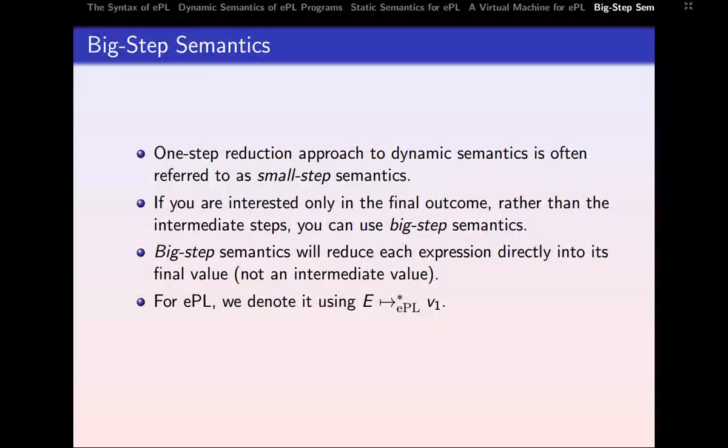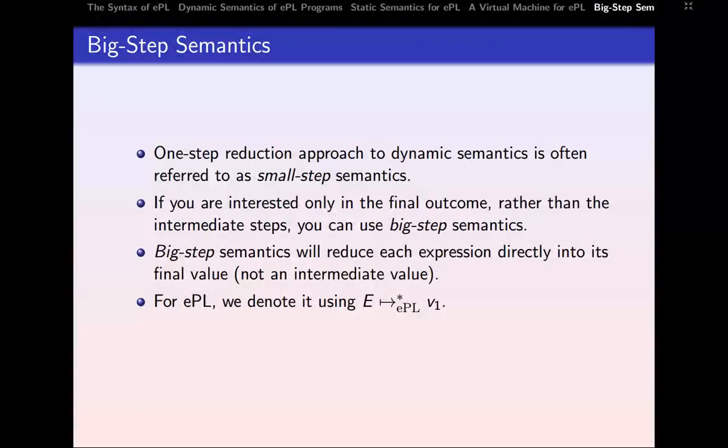So we were interested in hierarchically building values from small expressions to larger expressions. That is one approach to semantics. This is typically called big step. It looks at input-output relations.